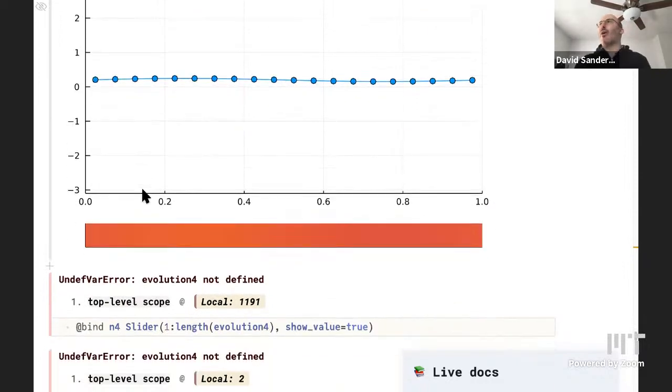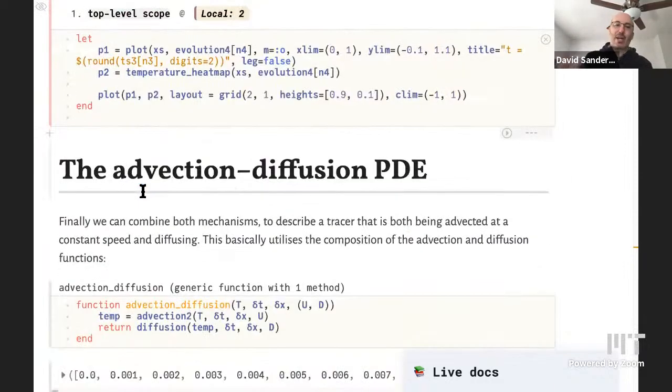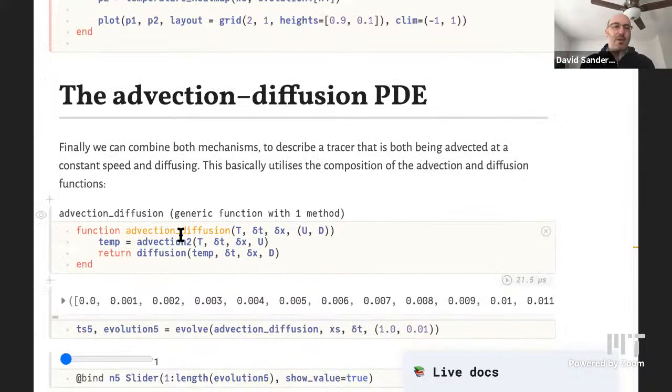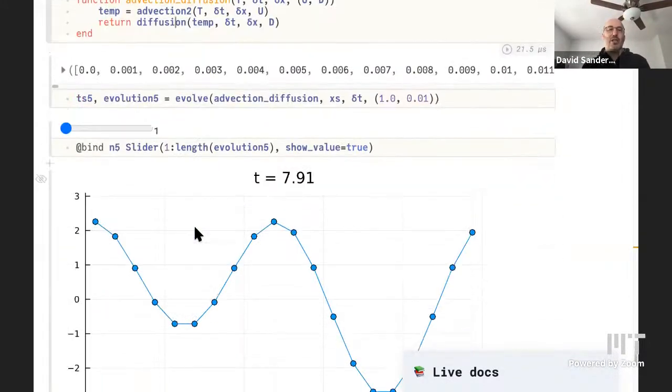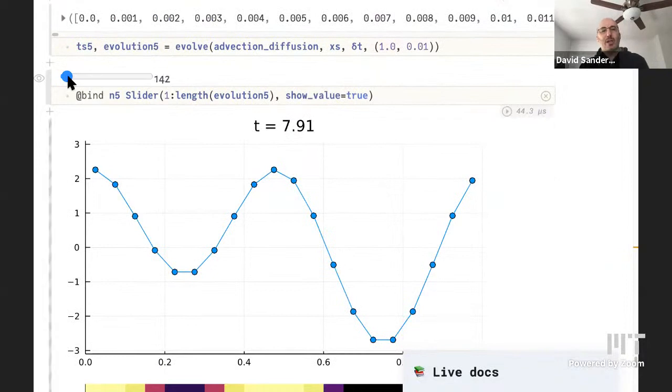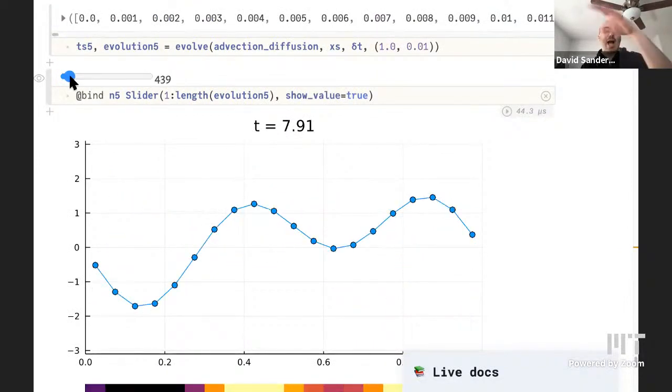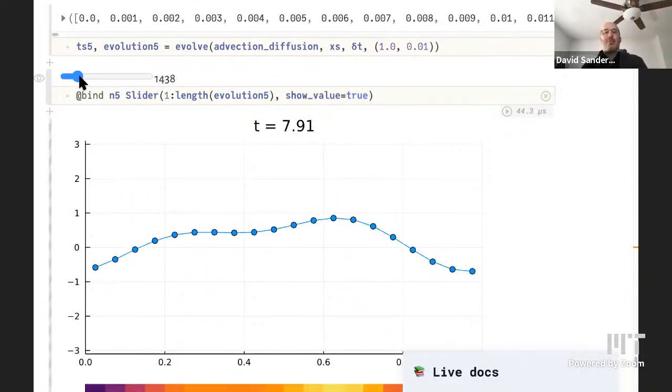Okay, so then we can just combine everything together. The way we do that is by calling advection and then calling diffusion, these two functions that we defined that implement exactly these time steps. We can combine them into one advection diffusion equation, and then we get what we started with, which is both moving along and spreading out at the same time.